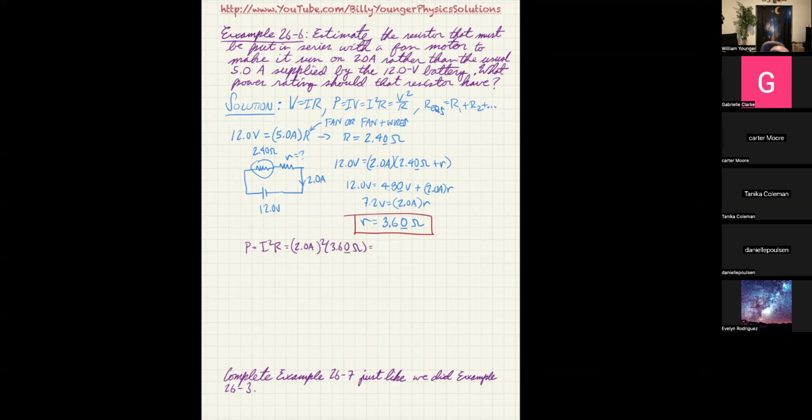So 4 times 3.60 would be 14.4. So that's 14.4, which is one extra sig fig watts. So I'd say at least 15, 18 watts if we could find it.